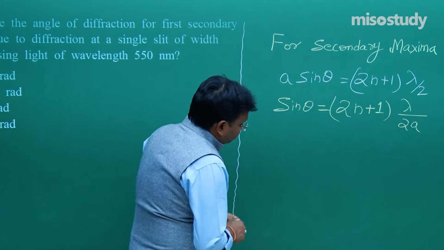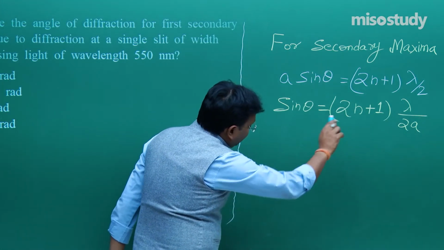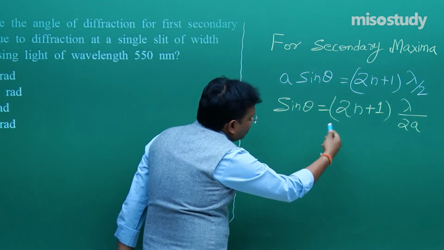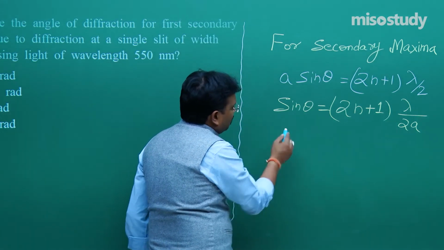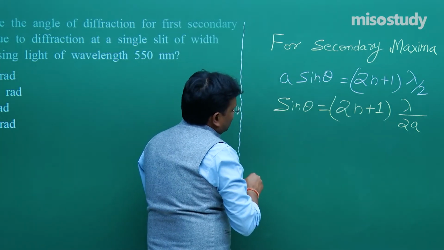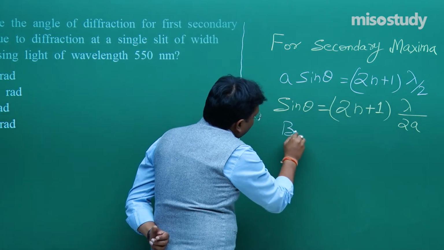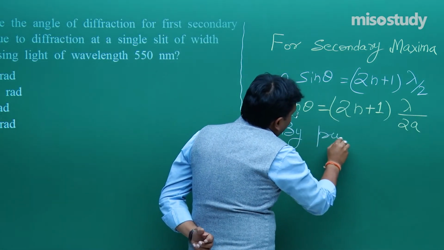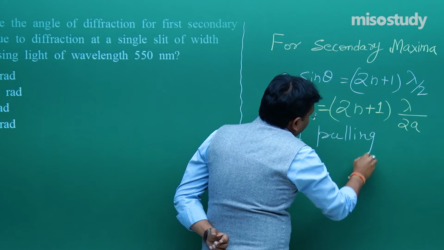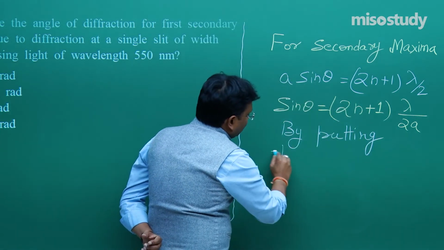Now, finding the values, I am going to write it down in a simple fashion, that is by putting the values.